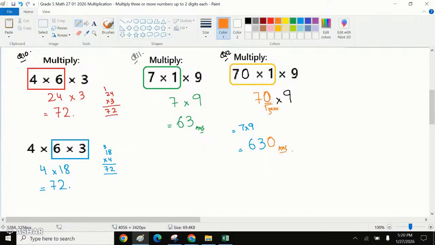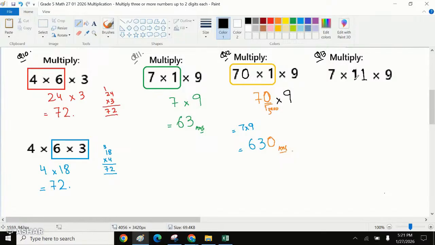Let's take the same question and let's add more numbers to it. In question number 13, rather than 1, we make this 11 over here.